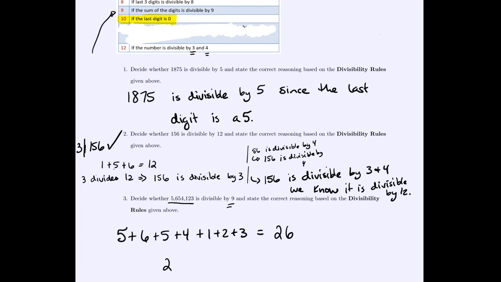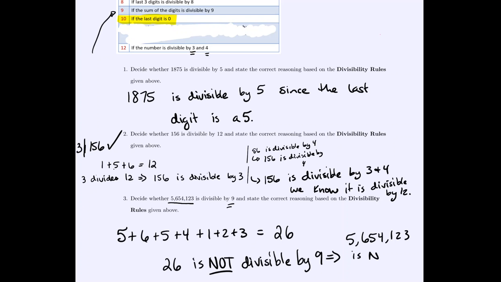And 26 is not divisible by 9. This means the larger number, as a result, is not divisible by 9. So that's how you would work with these divisibility rules.